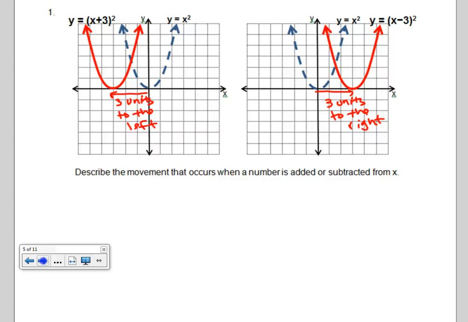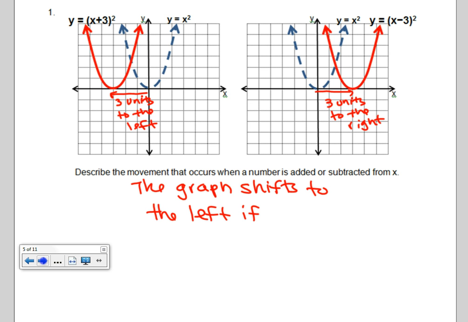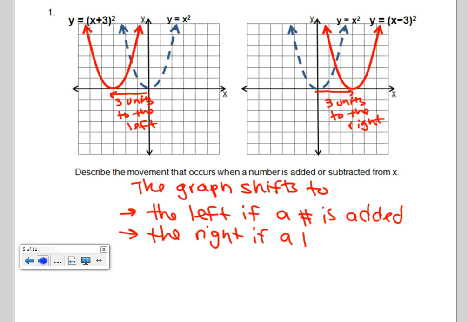If a number is added or subtracted from x, the graph shifts to the left if a number is added, and shifts to the right if a number is subtracted.